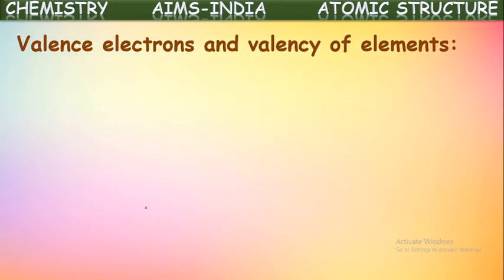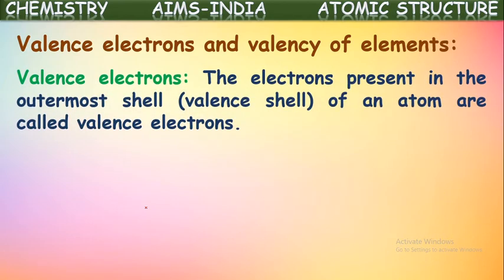Next, valence electrons and the valency of the elements. First, let us say what valence electrons are. The electrons present in the outermost shell of an atom are called valence electrons. So, an atom may have many orbits. The electrons present in the last orbit or valence orbit of an atom are called valence electrons.